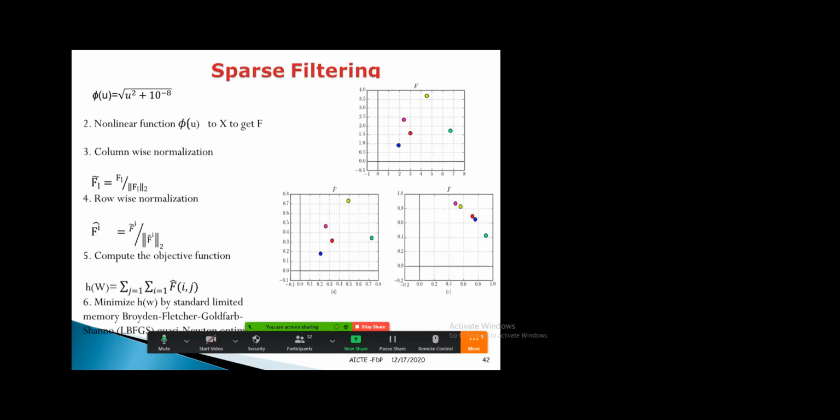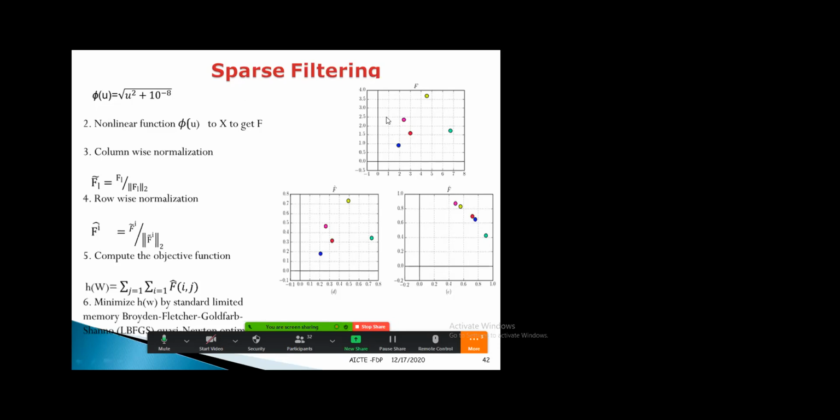Because we have changed the values, we need to do a column-wise L2 normalization. Then we do a row-wise normalization, and we continue to do this iteratively. And then we compute the objective function.